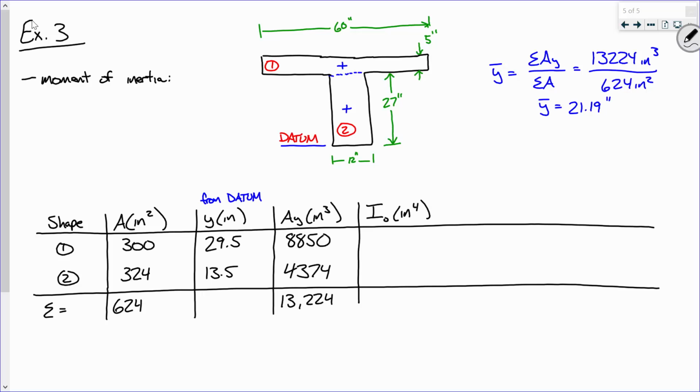AB cubed over 12, right? So the width times the height cubed over 12. This top one is going to be the width 60 times the height cubed divided by 12, right? And then the bottom one is going to be the width 12 times 27 cubed over 12.